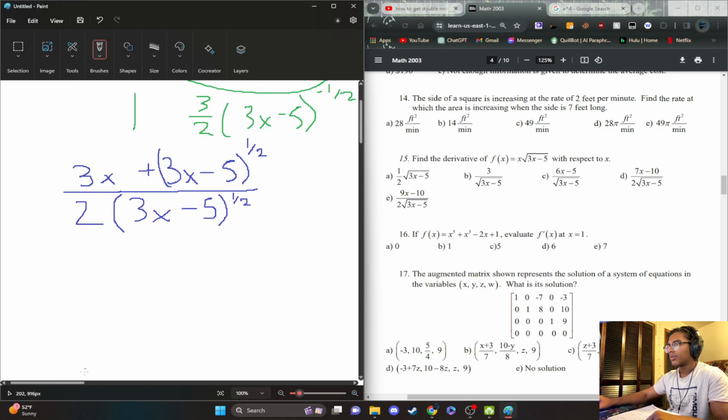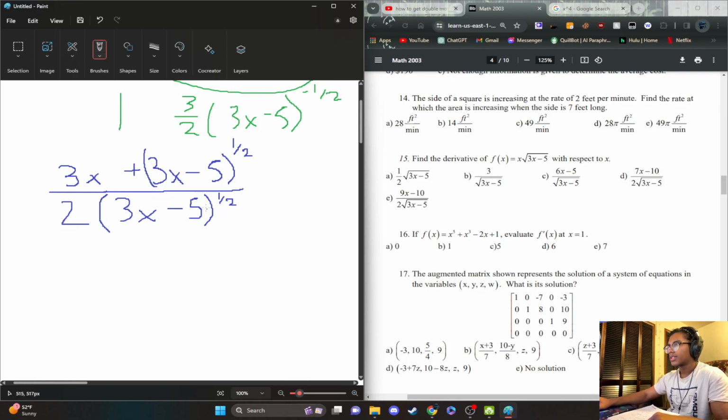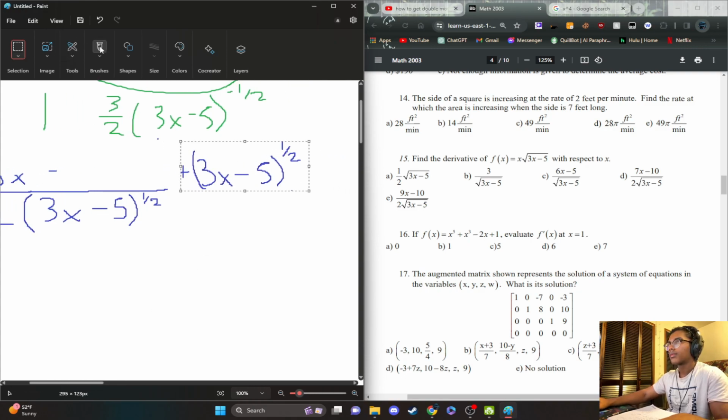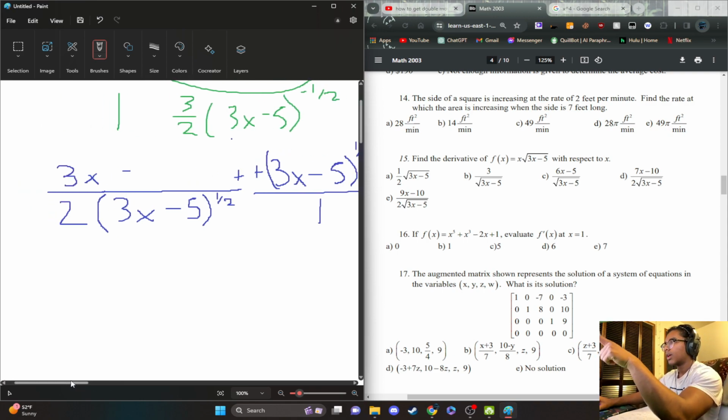I made a mistake. So this is basically on its own, and it's over 1. So when you try to add these both, you have to have the same bottom denominator so you can add them.